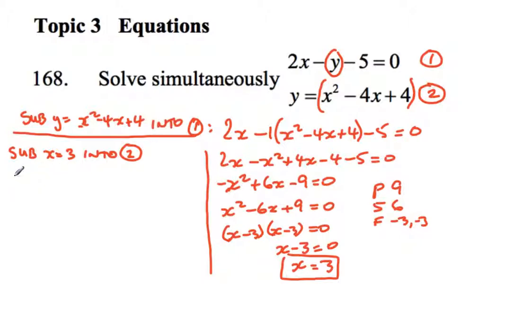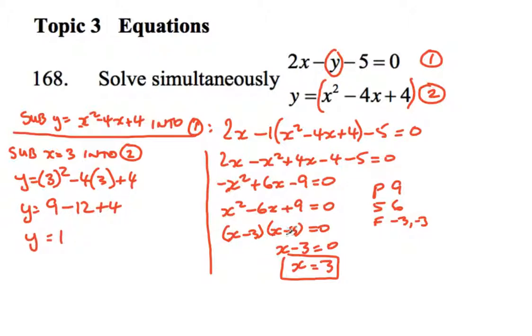So let's say y equals, instead of x squared, I'm going to put 3 squared minus 4 lots of 3 plus 4, 9 minus 12 plus 4, y equals 1. And then we'll just write that down next to the x value that we found as our last solution there.